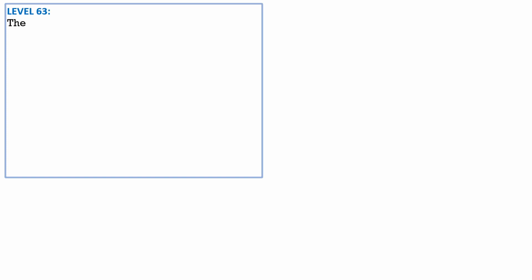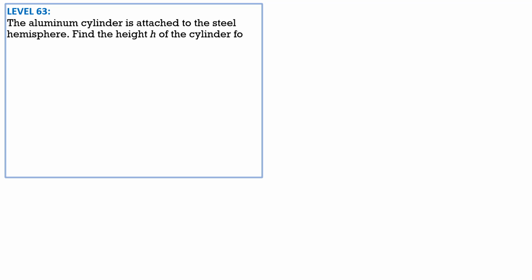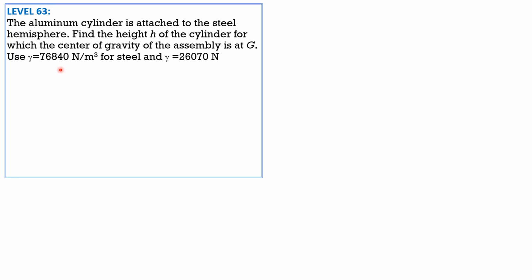Level 63 problem. The aluminum cylinder is attached to the steel hemisphere. Find the height h of the cylinder for which the center of gravity of the assembly is at G. Use specific weight 76,840 newtons per cubic meter for steel and 26,070 newtons per cubic meter for aluminum.